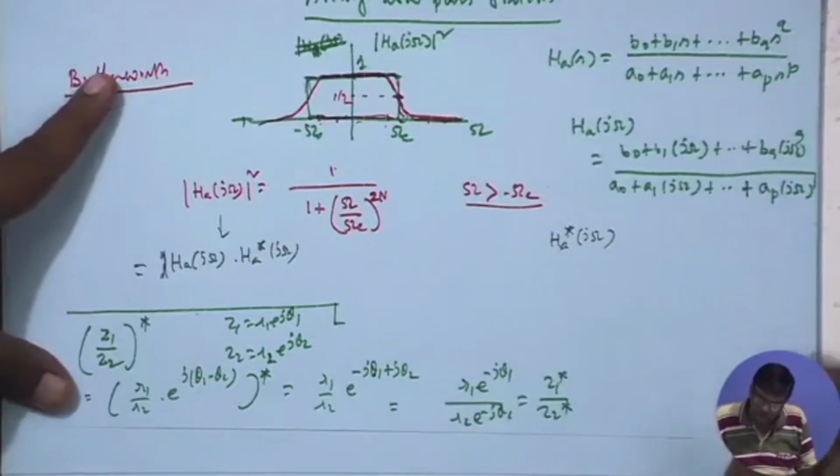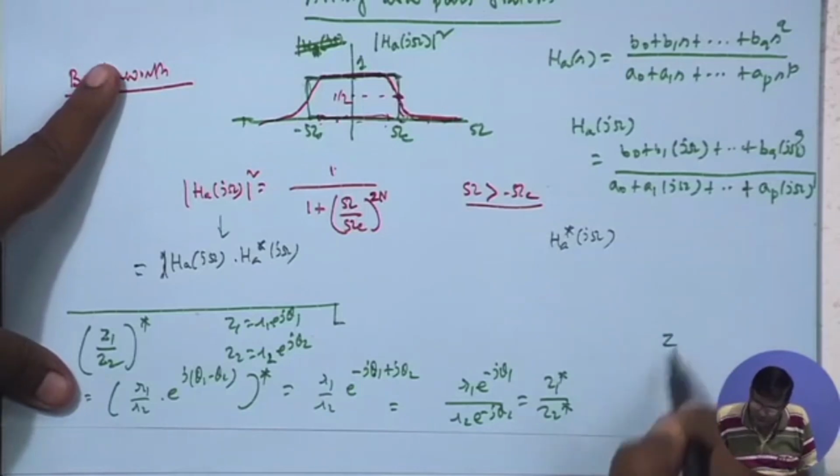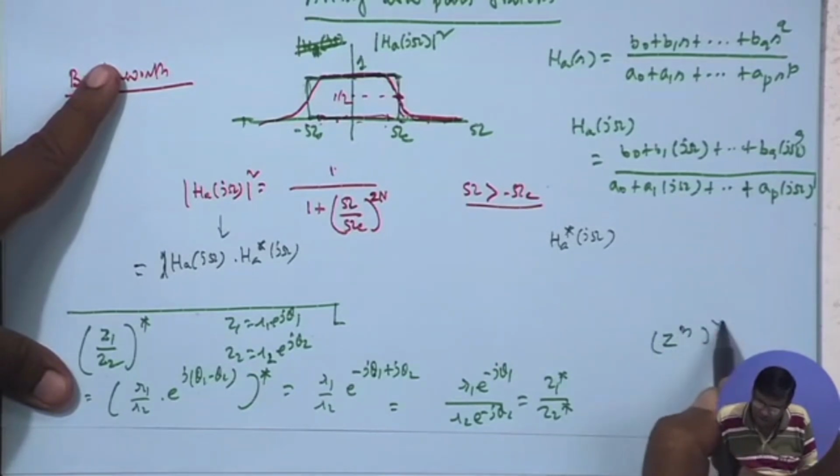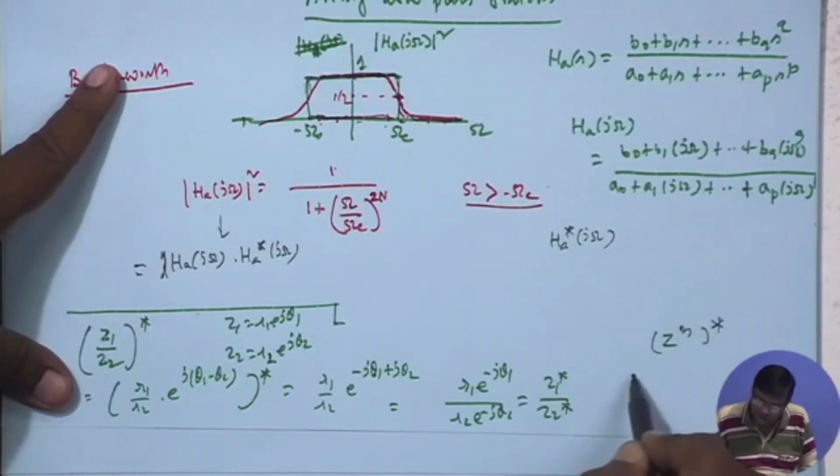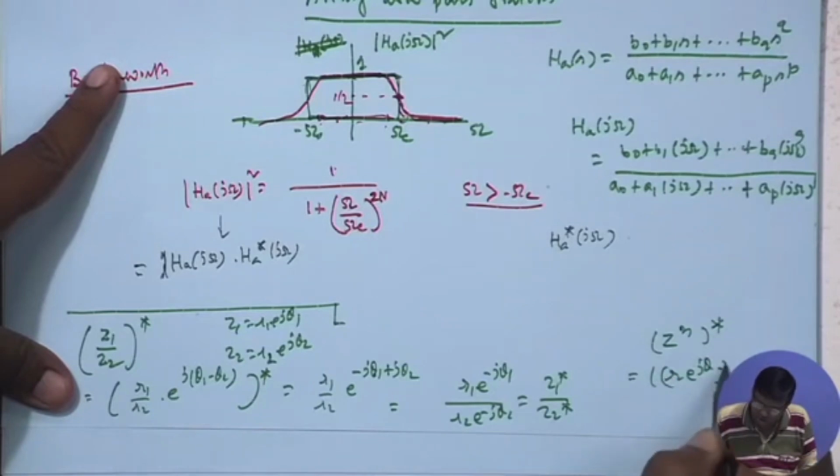Another property: if I have a z raised to some integer power, say n, and then you take the conjugate. z is say r e to the power j theta, so r e to the power j theta whole to the power n, then conjugate.